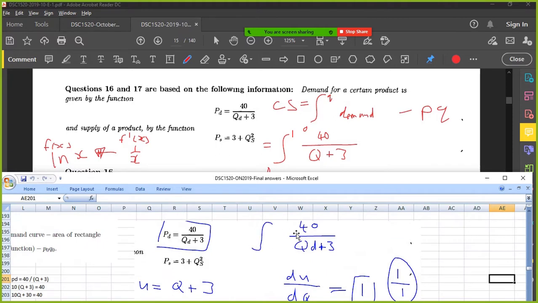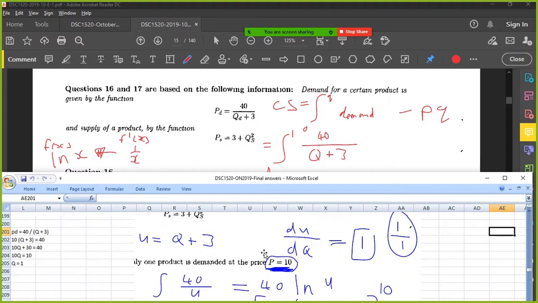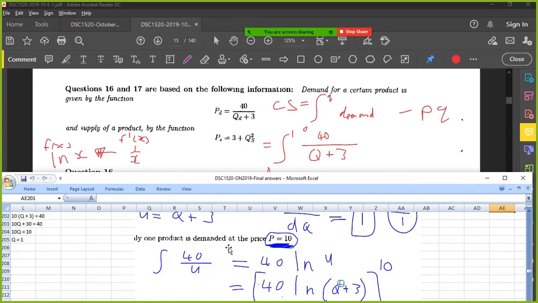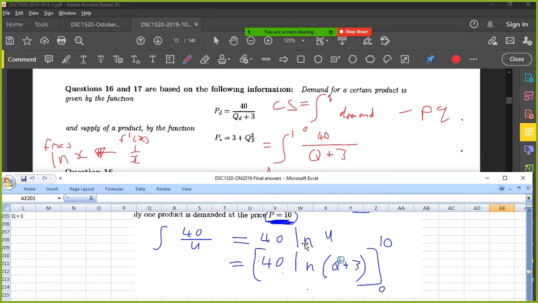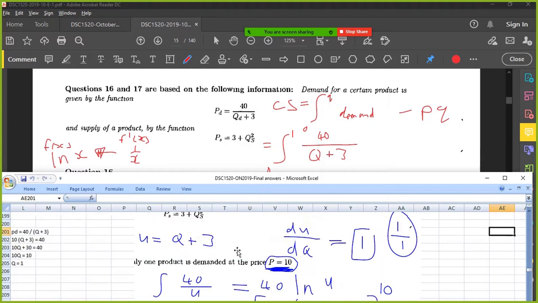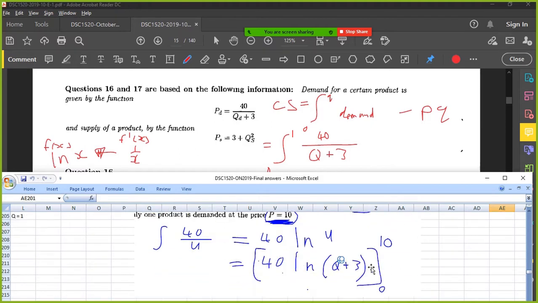When integrating 40 over QD plus 3, I used u equals Q plus 3, and then du over dq, the derivative of this, would have been 1. Then you're looking for the integration of 40 over u, so the answer there would be 40 ln u, and the u would be Q plus 3. That's what we got there at the end.